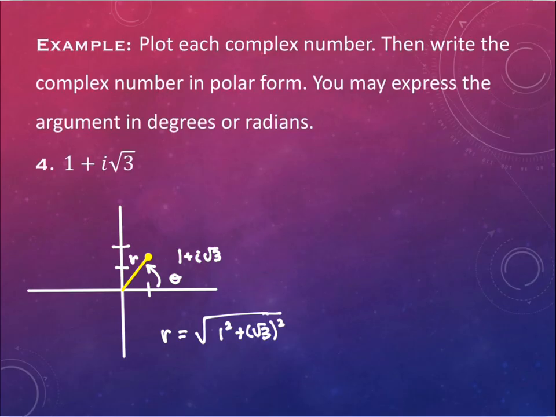So I have 1 squared and square root of 3 squared. So 1 squared is 1. What's square root of 3 squared? 3. 1 plus 3 is 4, and the square root of 4 is 2. So this length right here, I'm going to make it a little bit bigger over here to see it. This length right here is, not square root 2, apologize, 2.